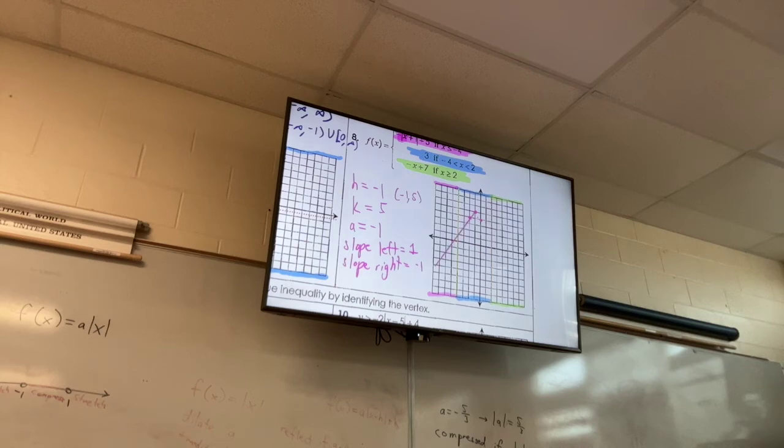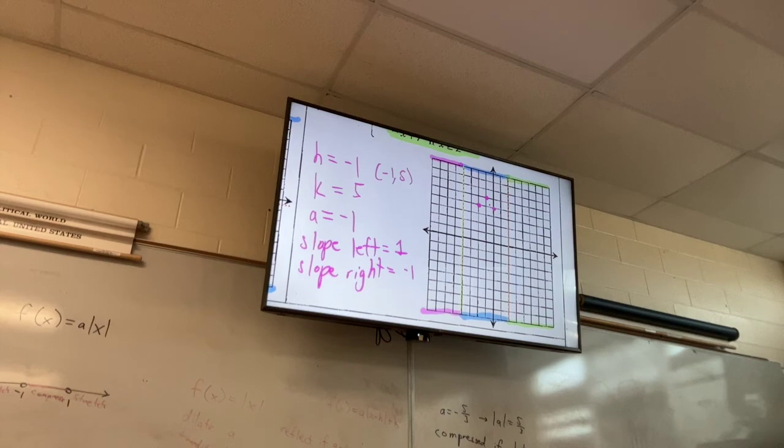Graph that whole function. You guys are about to see why I teach piecewise the way I do. Then I need to do what with that pink graph?